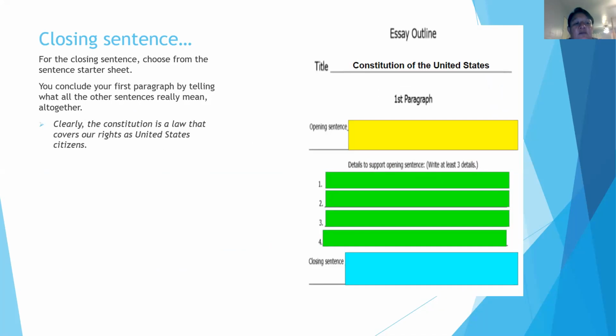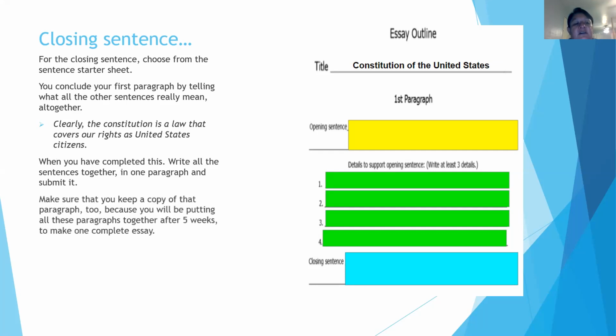So this is what I came up with. Clearly, the Constitution is a law that covers our rights as United States citizens. So that is your 5th sentence. When you have completed this, write all the sentences together in one paragraph and submit it. Make sure that you keep a copy of this paragraph.